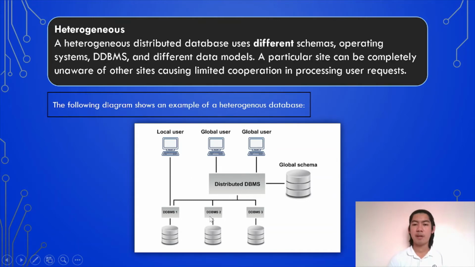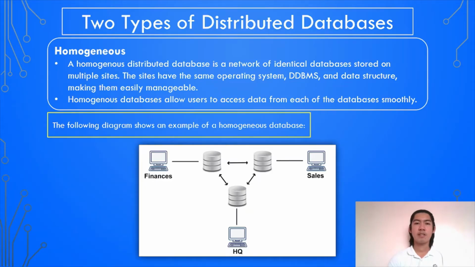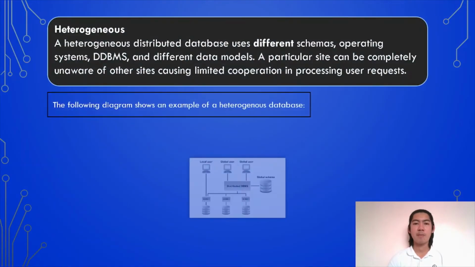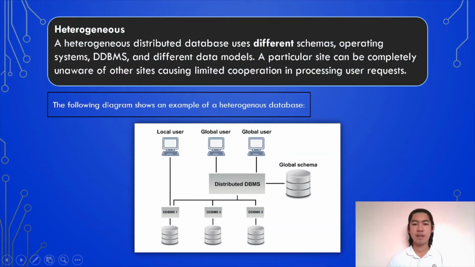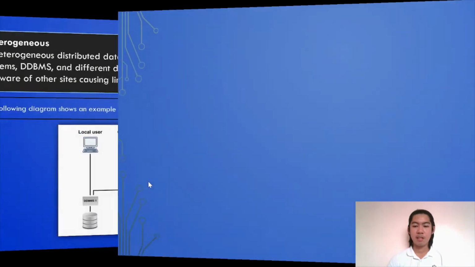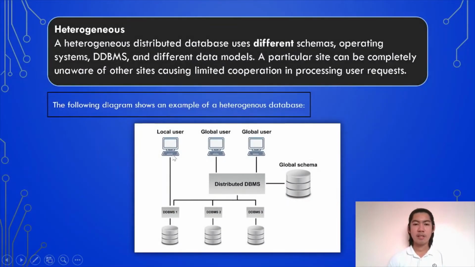Di ba sa homogeneous is nakakonect lamang ang tatlong operating system niya, kapareho lamang, habang sa heterogeneous naman ay hindi. Agad-agad ito nakaka-access sa sariling server niya at hindi siya nakakaabala sa ibang server. May sarili silang server.